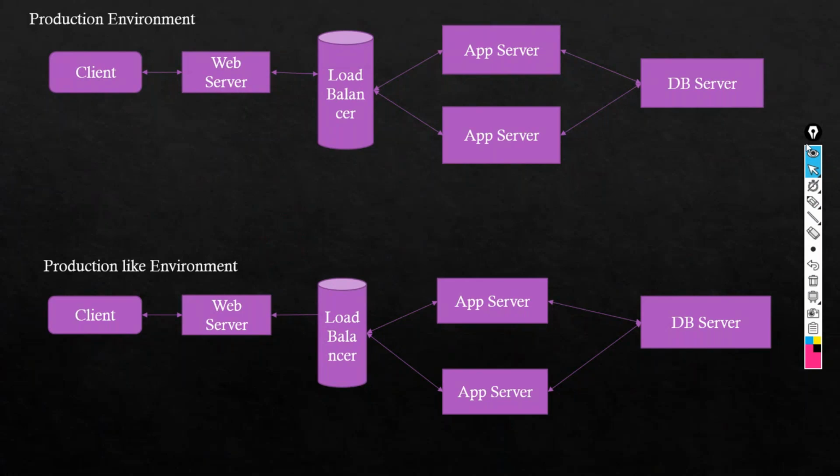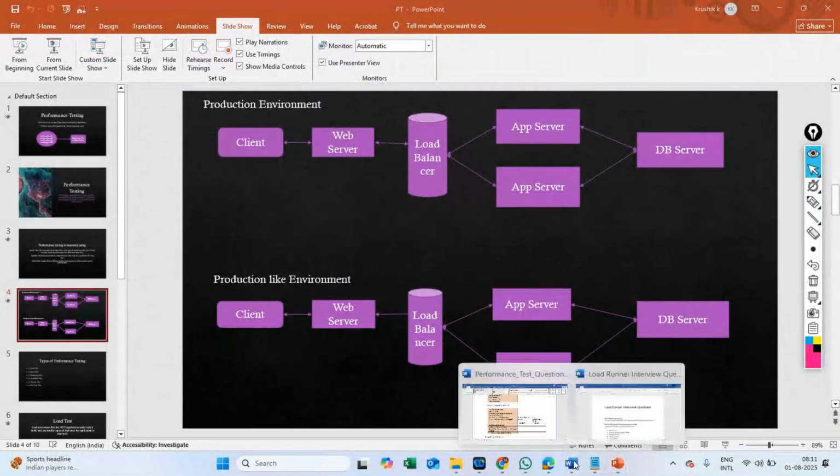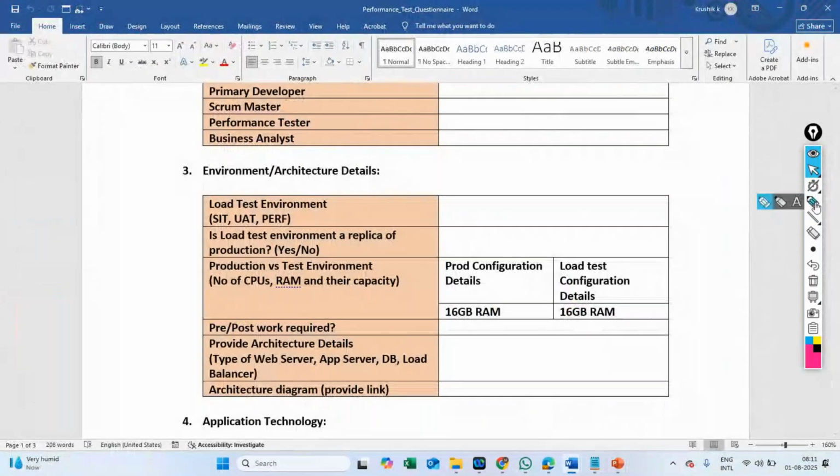You can still run the load test, but while sending out the results, you need to put a caveat saying that these numbers are for the 16 GB RAM kind of infrastructure. Okay. So most of the cases you get the same environment as production. In rare cases, you might not get it. However, it should not stop you from running the performance tests. Okay. So that is the second point.